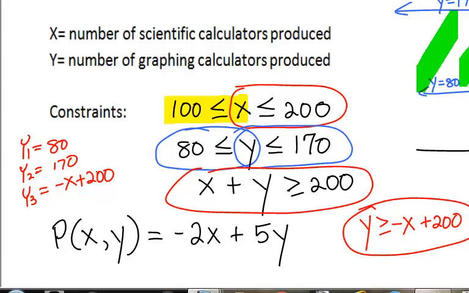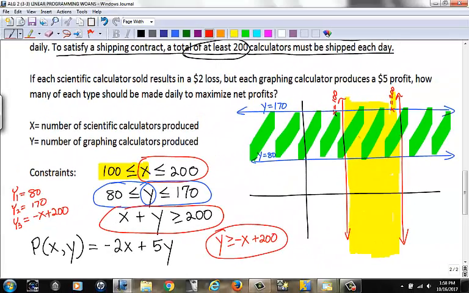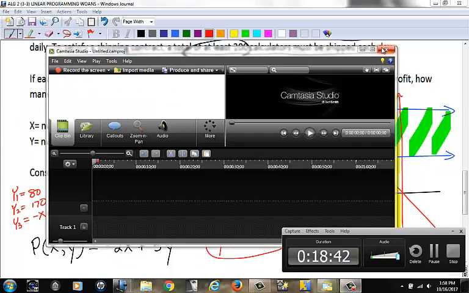So it is a vertical line. Looks like it's going to go like this.